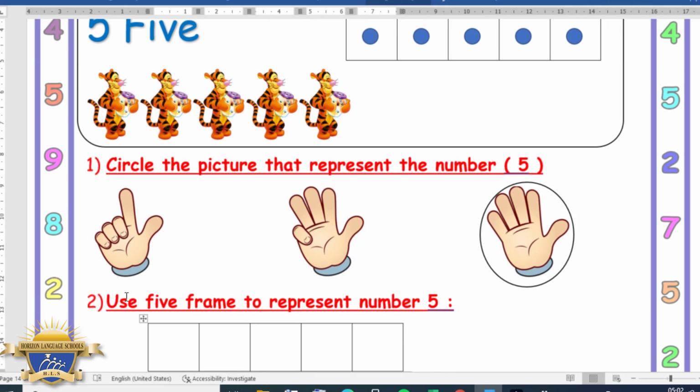The next question is, use the 5 frame to represent the number 5. The number 5 can be represented by 5 dots.